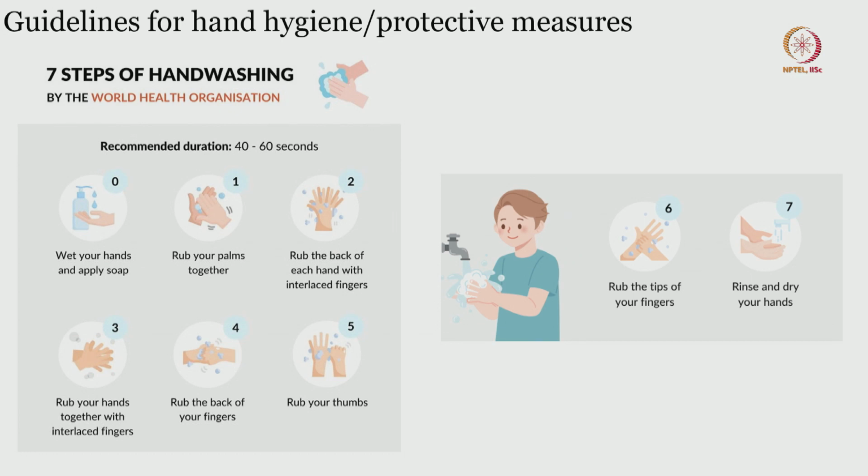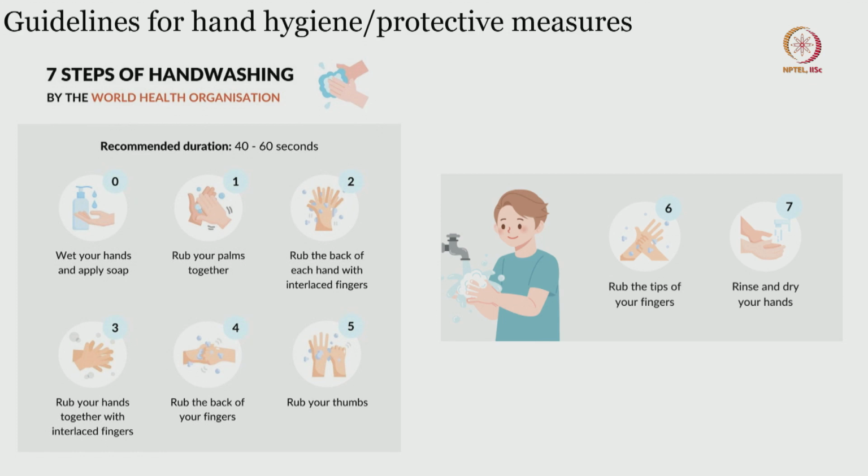So the center of the hand first, then you interlace the fingers and make sure the web spaces are scrubbed nicely and clean, making sure the entire web spaces are covered in both hands. And then of course you rub the palm of the hand first and then the dorsum of the hand.